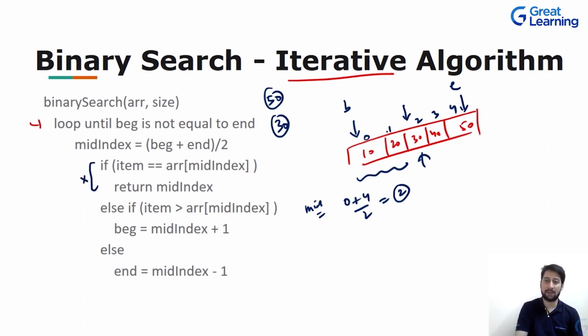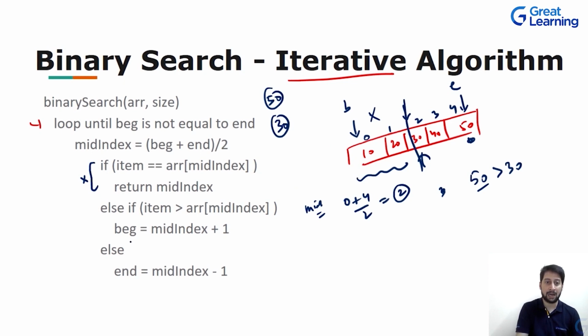Then we will check, is 30 less than or greater than 50? The item we are looking for, 50, is greater than 30. So there is no point that it will be on this side. So we will skip, or neglect, this half portion of the array.